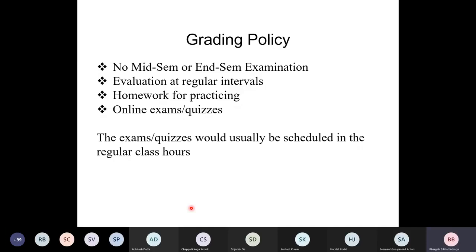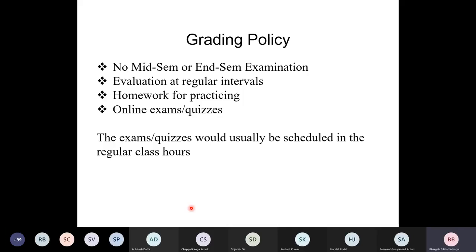This semester, we have some specific windows which were announced in the IIT calendar. So we'll try to conduct exams and quizzes mostly in those windows, and occasionally we can conduct some other quizzes outside that. Well, that's all about grading policy and textbooks.